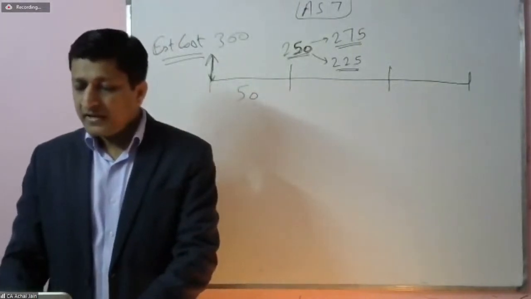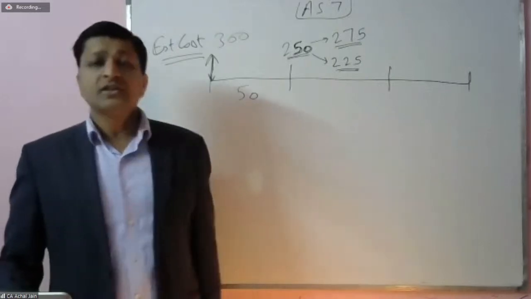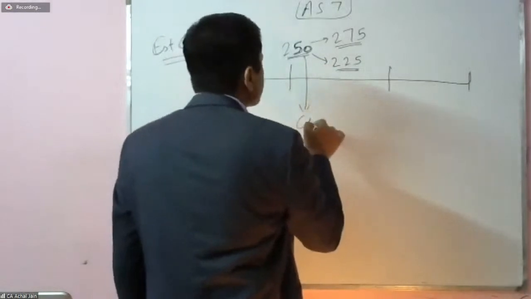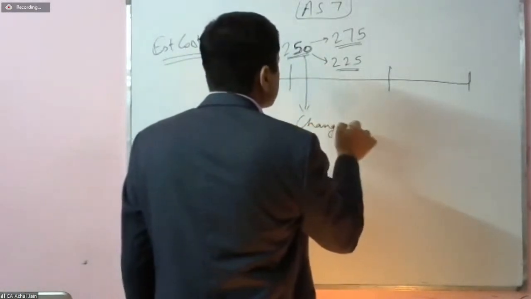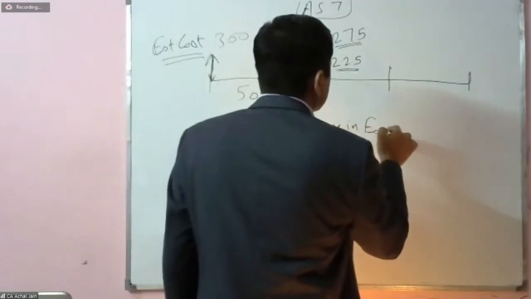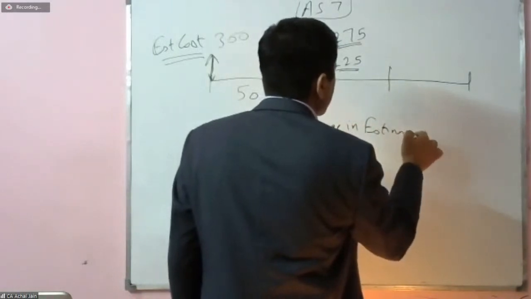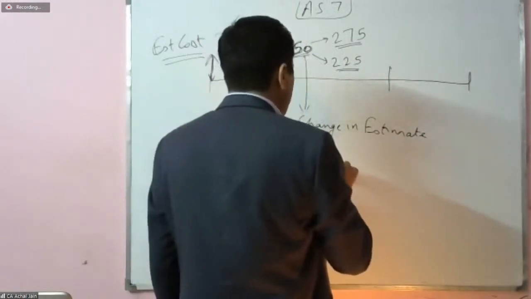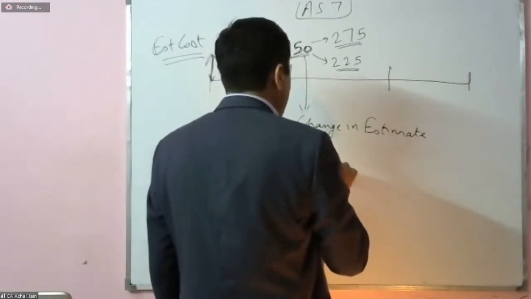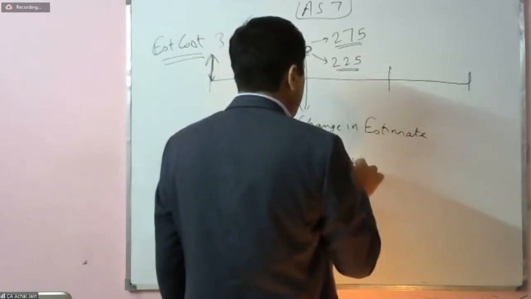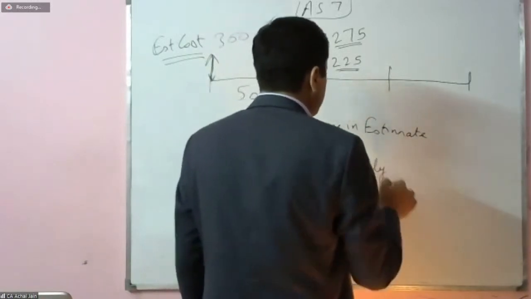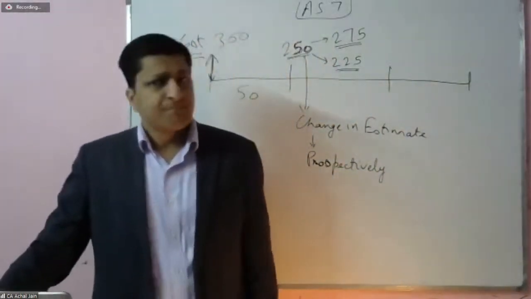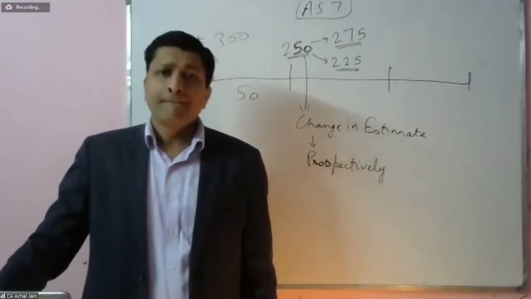As we understand that whenever there's a change in the estimate, that is always recorded prospectively. Understood? Clear on this?